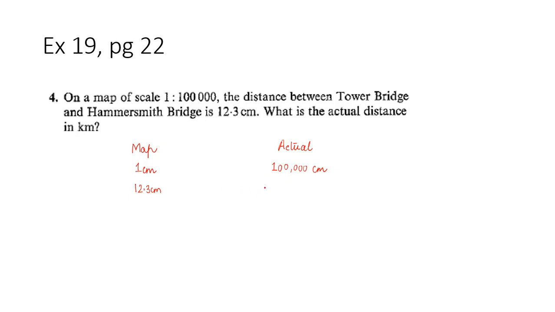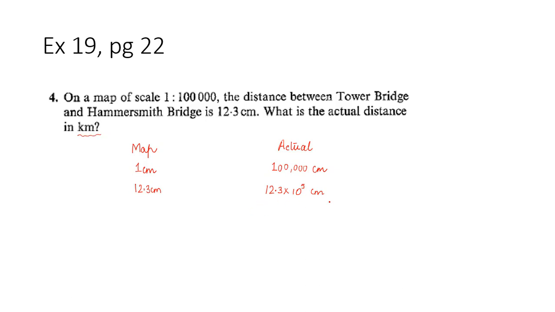So needless to say, this is a simple unitary method question. So I could go by saying 12.3 into 10 raised to the power 1, 2, 3, 4 and 5. So this is what the distance is going to be in centimeters, but we are looking for a distance conversion of centimeter to kilometer.